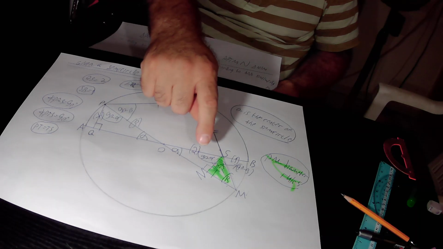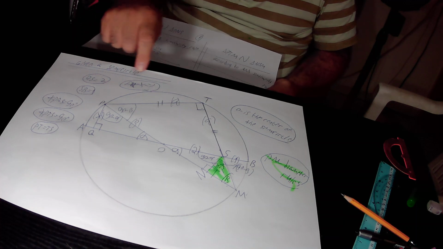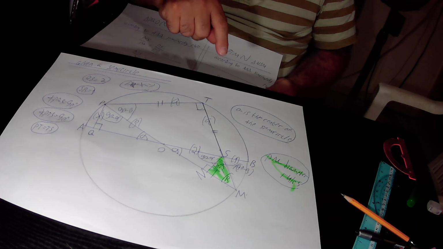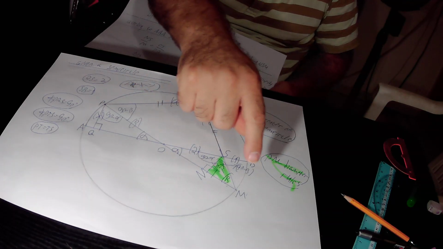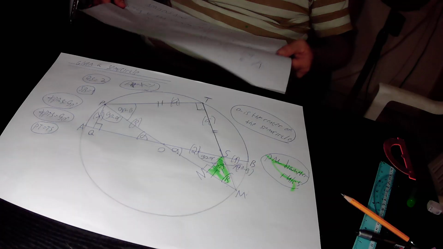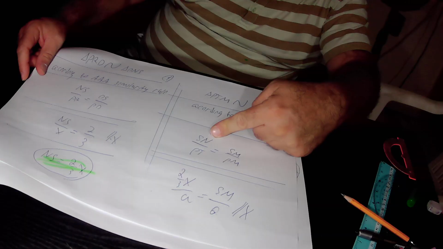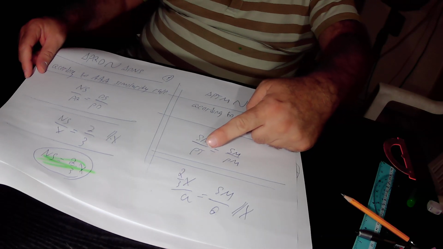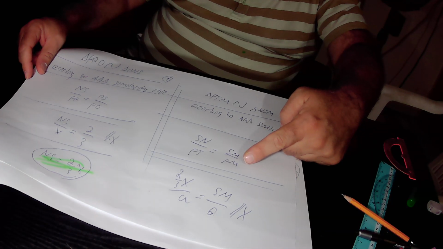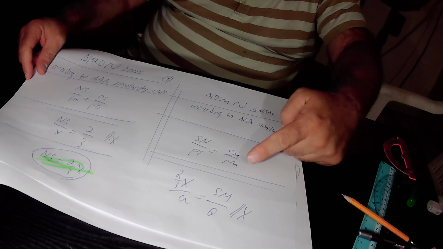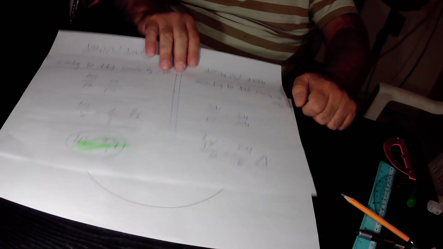We will derive that side NS of the small right triangle NSM over side PT of the big right triangle PTM is equal to side SM of the small green right triangle NSM over side PM of the big right triangle PTM. NS equals 2/3 X over PT.